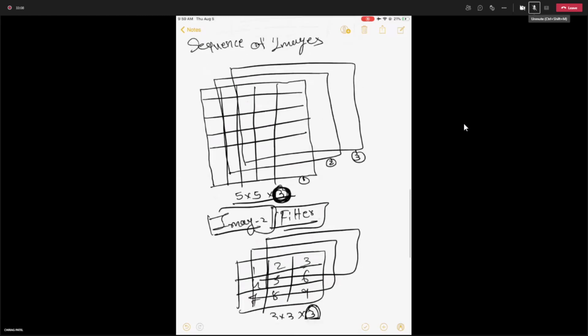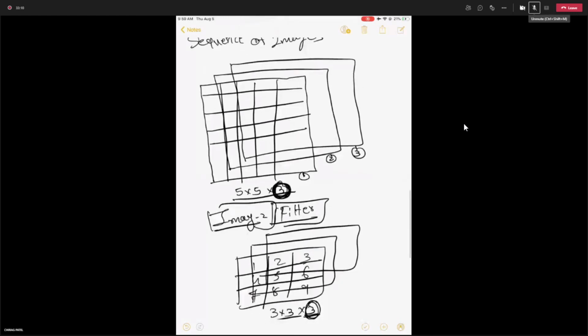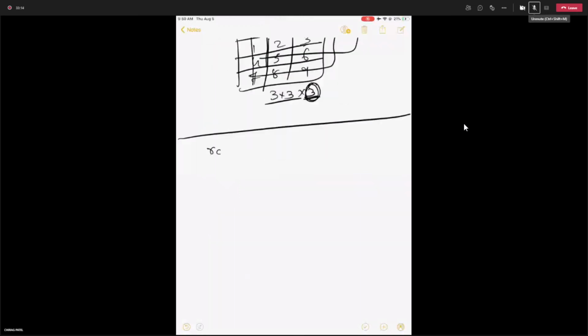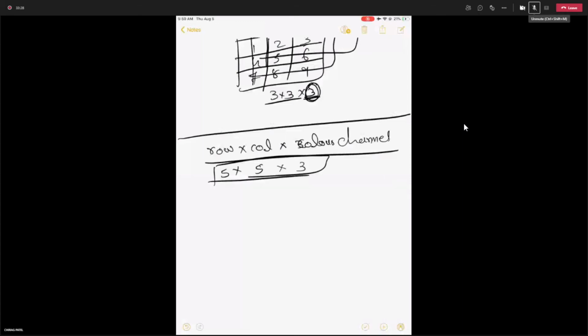If we consider this example 5 cross 5 cross 3, in the last lecture we have taken the row multiplied by column multiplied by color channel. This is 5, this is 5, this is 3. How exactly has it been created?